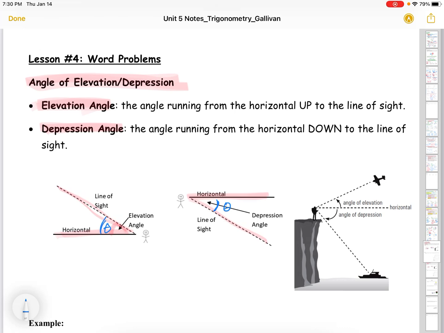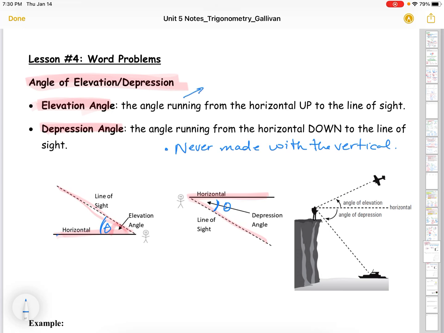As we notice, both of these angles are made with the horizontal. They are never made with the vertical. Okay, if it's made with the vertical, it is not an angle of elevation or depression.